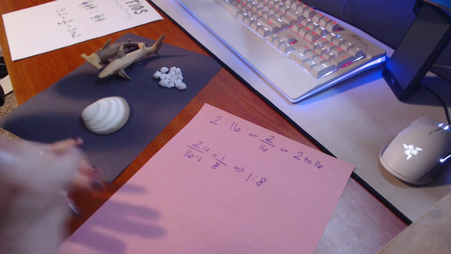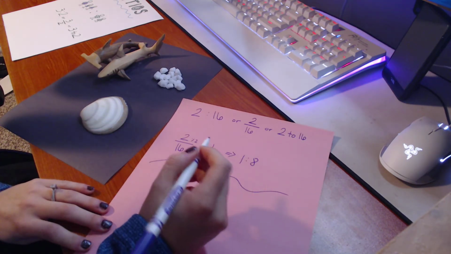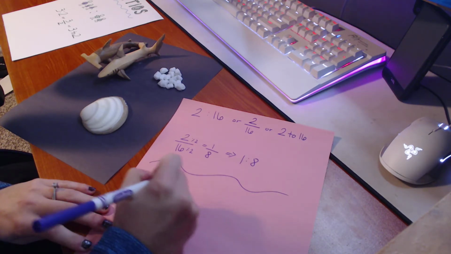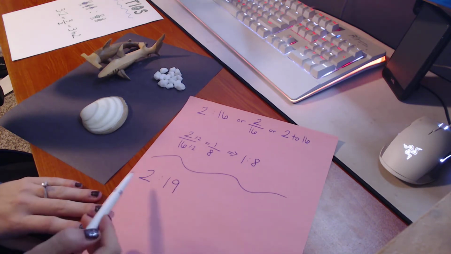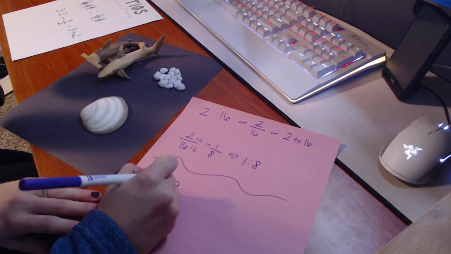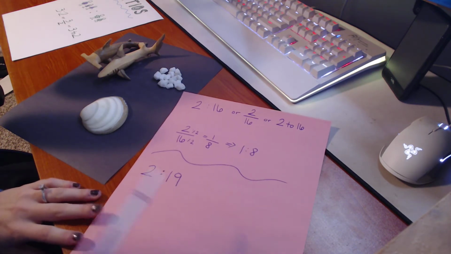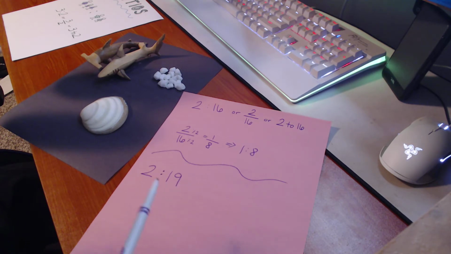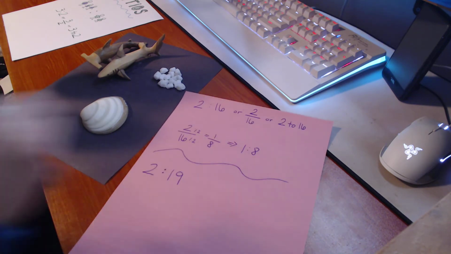So my new ratio of sharks to the total would be 2:19. Honestly, I prefer to write it this way, but it's whatever you want or whatever your teacher wants. So 2:19, this obviously cannot be reduced any further because 19 is an odd number and 2 is an even number. So you can write it in the other ways that you prefer.